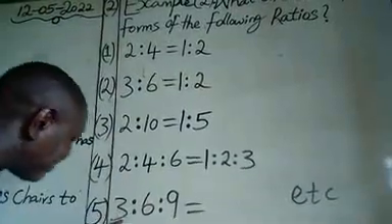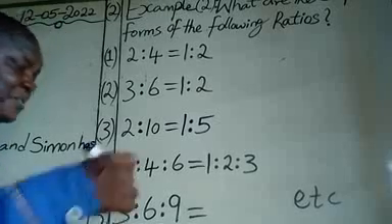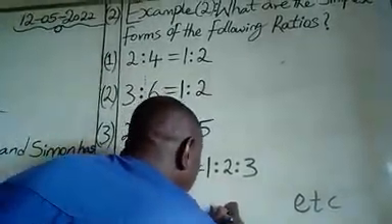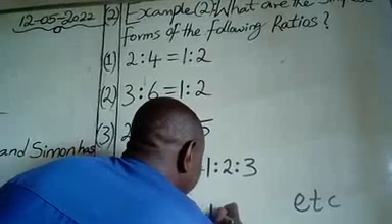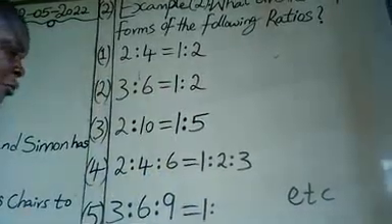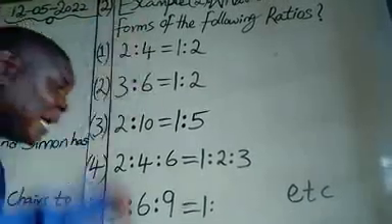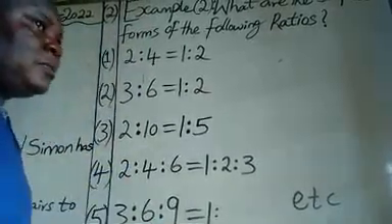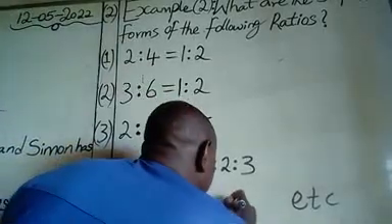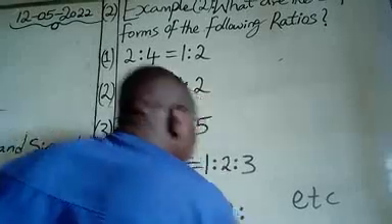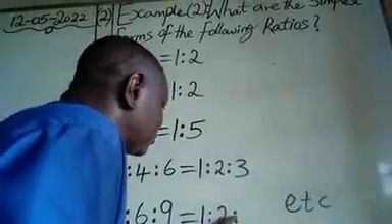This 3 divided by the 3 that I have selected. The answer is 1. Put down the sign of ratio. 6 divided by 3, the answer is 2. Put down the sign of ratio.